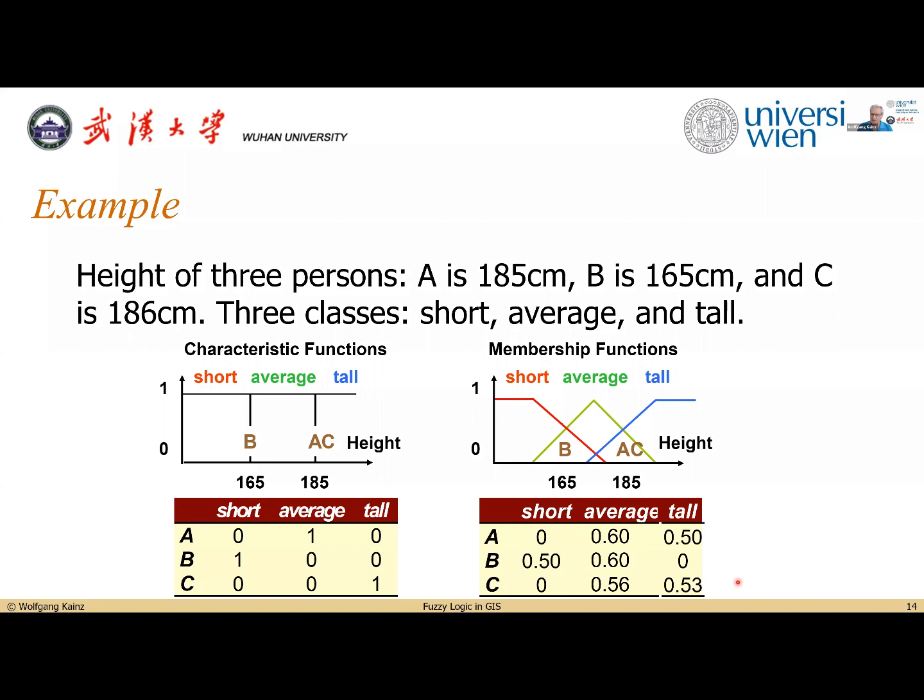So every raster cell has a value, take the slope. Every slope raster has a slope value for every single raster cell. And if we have a membership function, for example, flat slope, we can apply that function for every slope value for every individual raster cell.